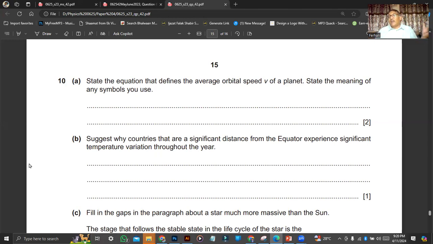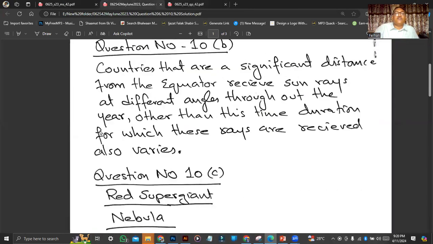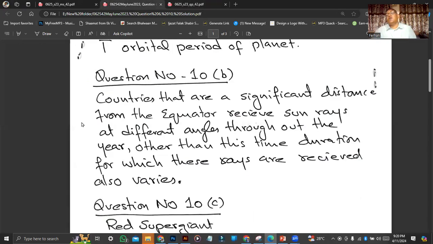So this is one reason. The other reason is that the duration for which the sun is visible in those countries during the year also changes. So these are some reasons why the temperature in those countries varies significantly.